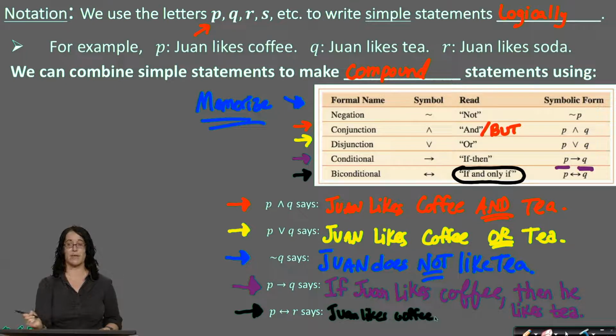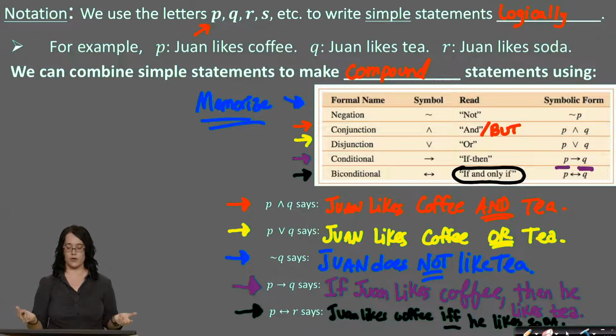The next thing you would want to write is if and only if he likes R, which was soda. So I'm going to go ahead and use that shortcut for a second. IFF, if and only if he likes soda. Okay. So Juan likes coffee if and only if he likes soda.